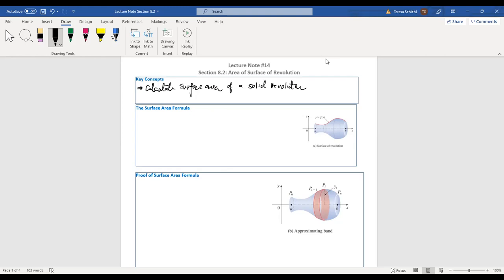Next, we're going to take a brief look at a proof of why we have this formula.